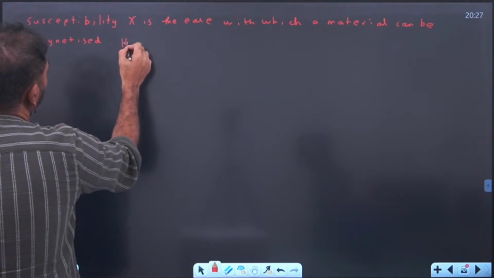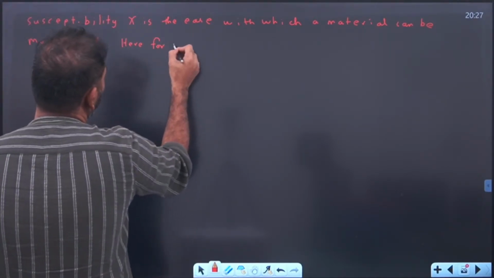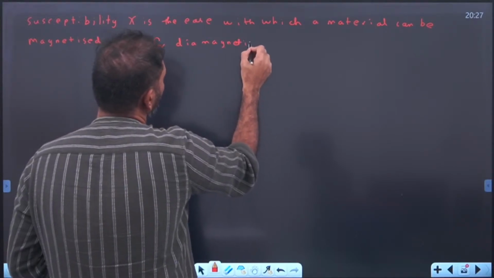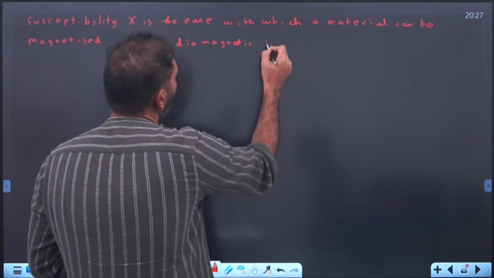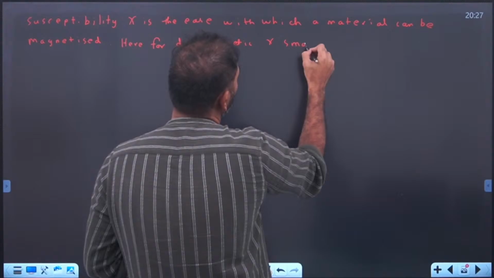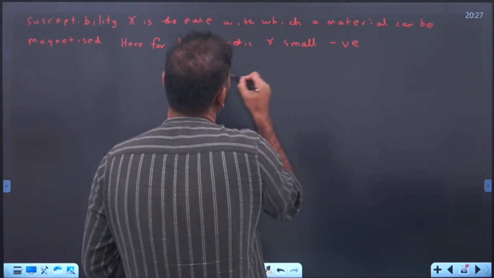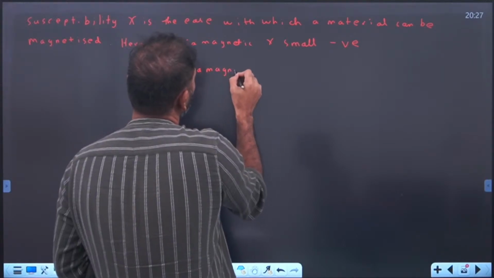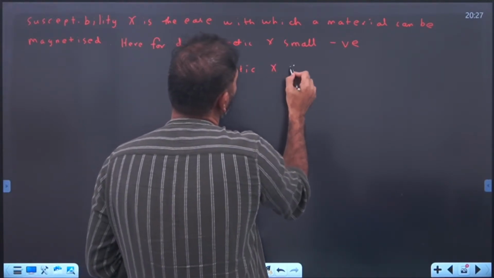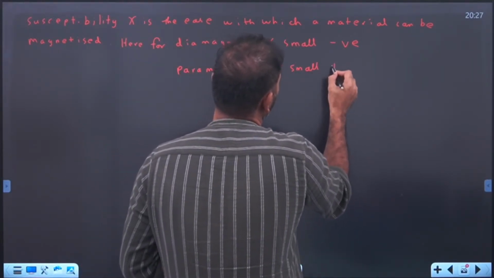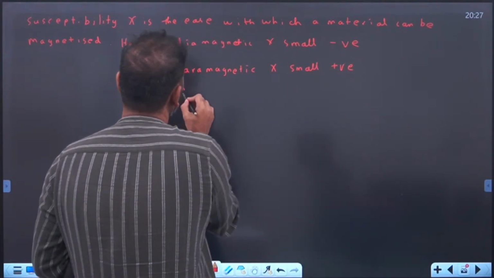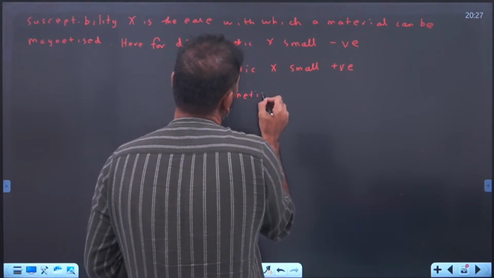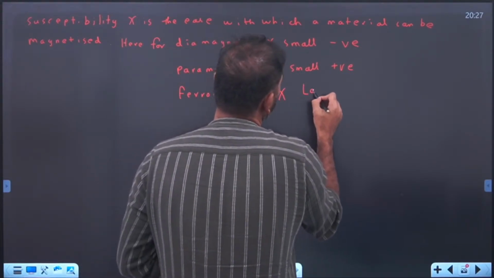Here, for diamagnetic, chi will be small negative. For paramagnetic, chi small positive. For ferromagnetic, chi large positive.